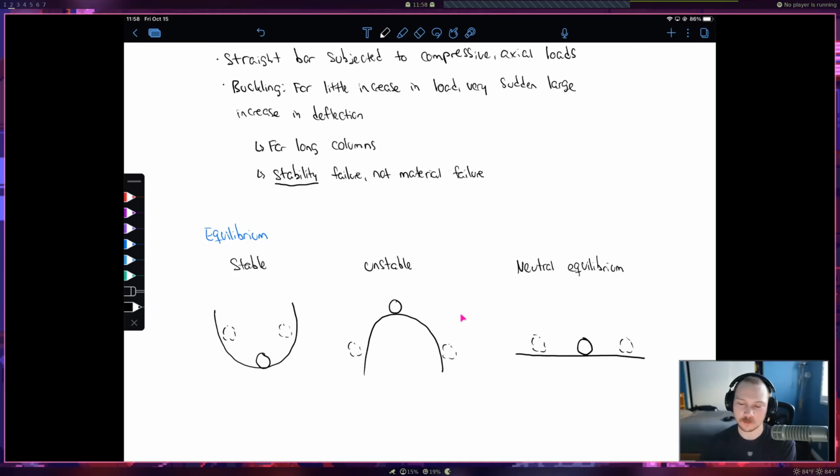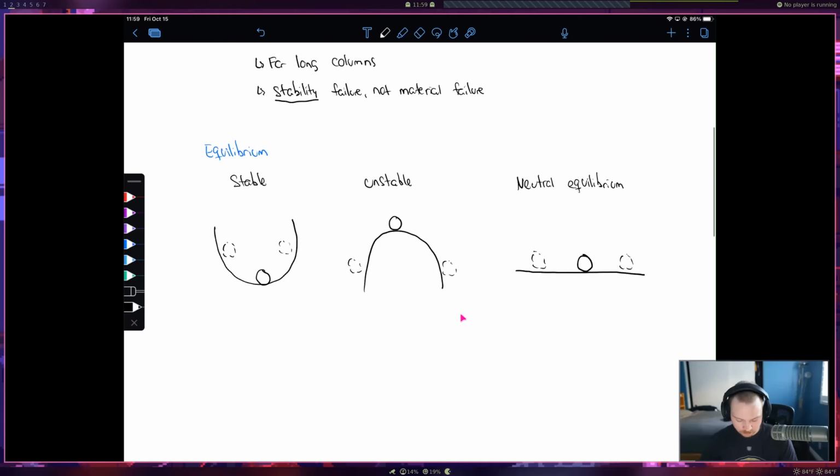And at that point, we're in what's called neutral equilibrium. But once we get past that point, then we are in this unstable system when we fail. So the column is going to fail at that point, and it won't be able to take any more load. Alright, so that's the main important thing.